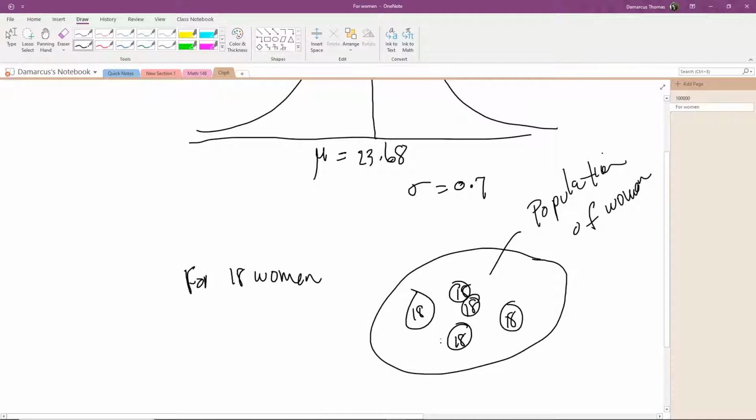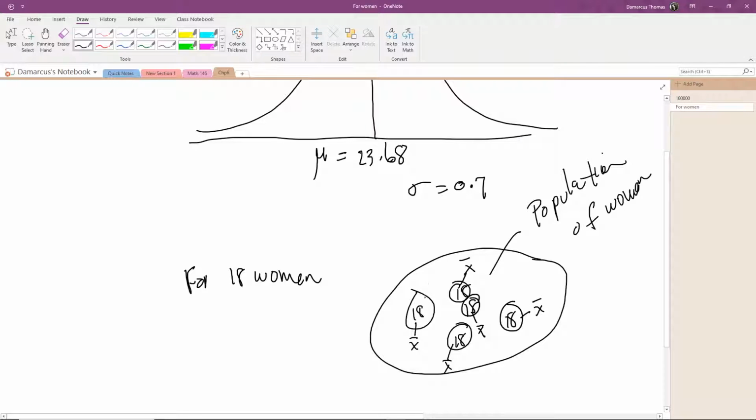We choose samples, and then we calculate the mean of each one. We calculate the mean of our sampling distribution.